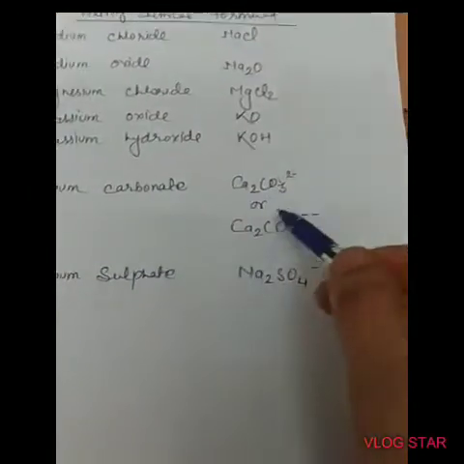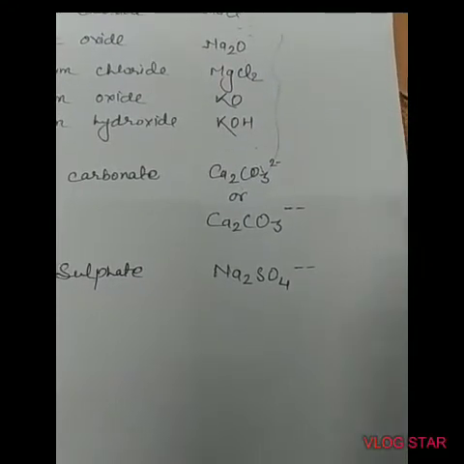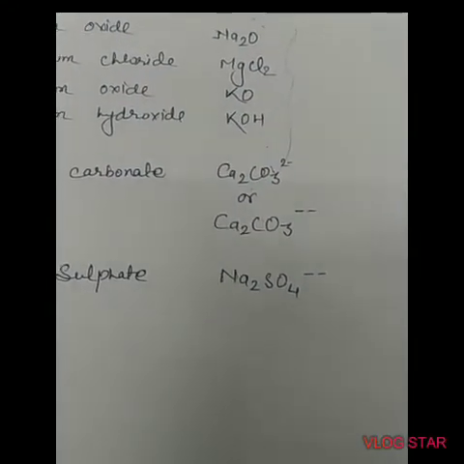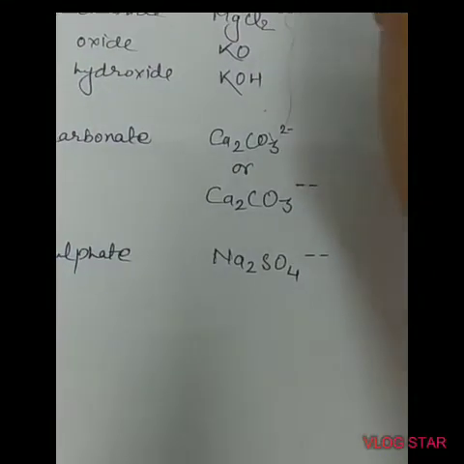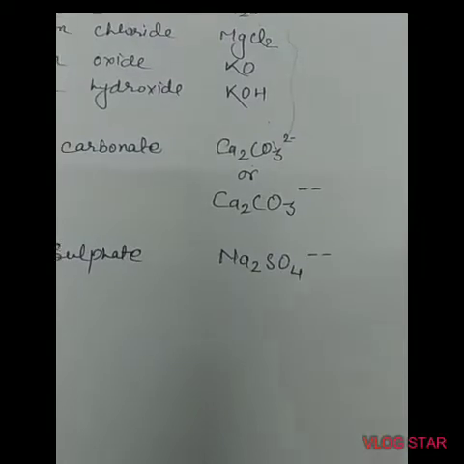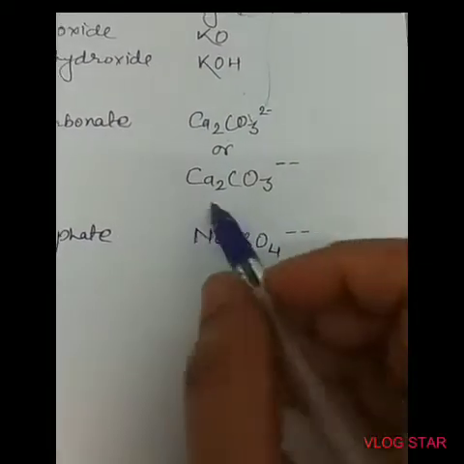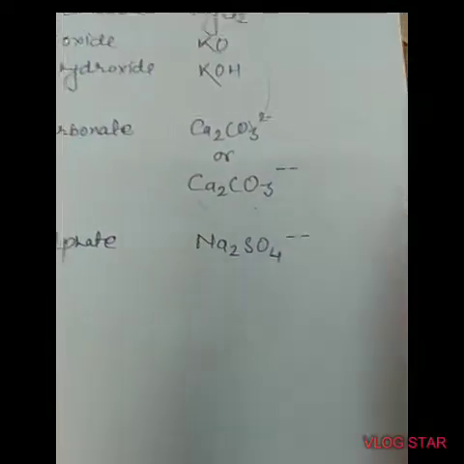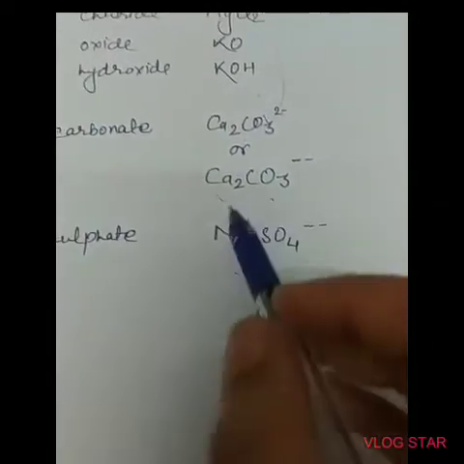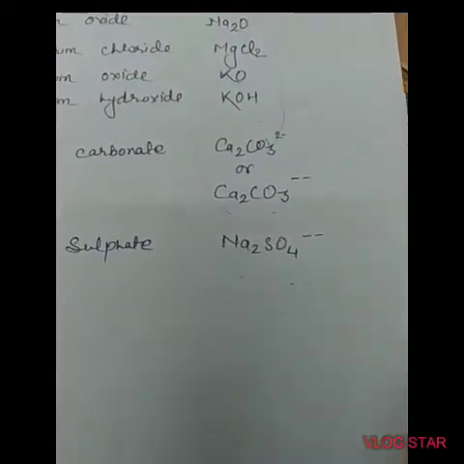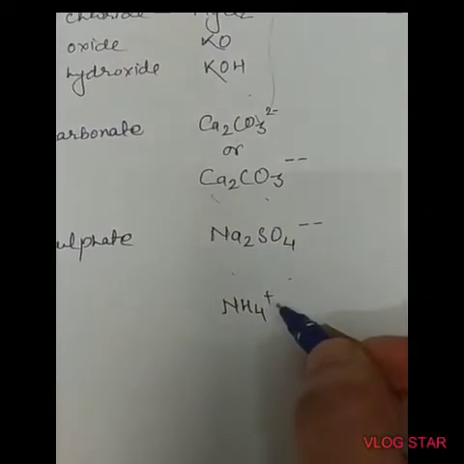A radical is a group of atoms of the same or different elements combined chemically that behave as a single unit, just like compounds, but with positive or negative charges. Here you can see calcium carbonate, which contains two negative charges. Sodium sulfate, these radicals also contain two negative charges, and this ammonium ion contains one positive charge.